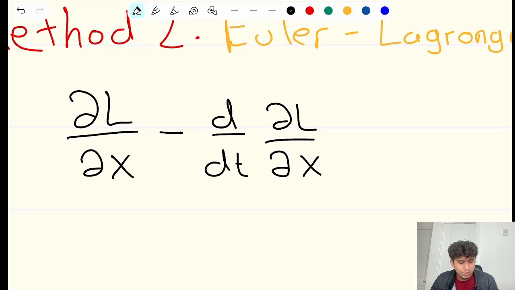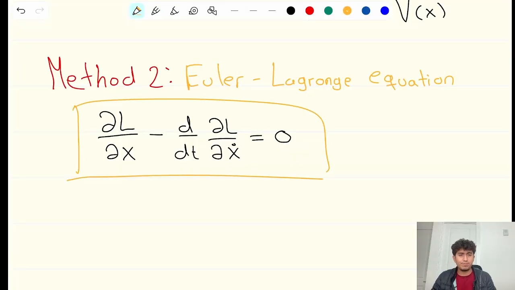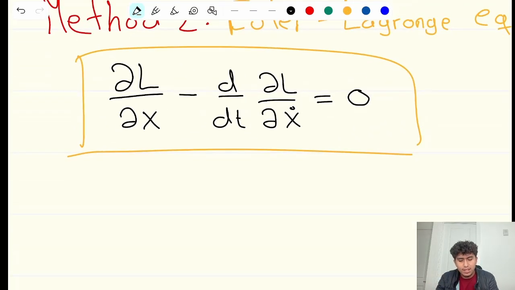It's just a formula. You just plug and chug. That's it. This formula might be modified a bit for different situations, but this is the main structure. Take the spatial derivative, and then you take the time derivative of the derivative with respect to x dot.